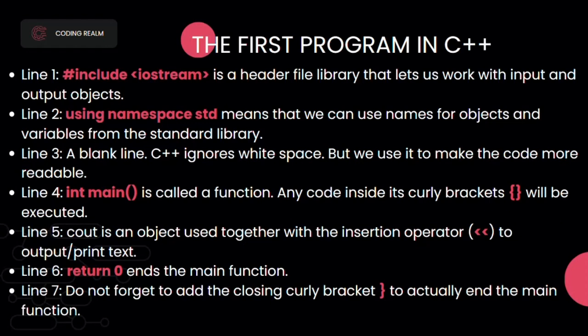In line 4, int main is called a function. Any code inside the curly braces will be executed. In line 5, cout is an object used together with the insertion operator to output or print the text on the screen. In line 6, the return 0 means the end of the main function. And in line 7, do not forget to add the closing curly bracket to actually end the main function.